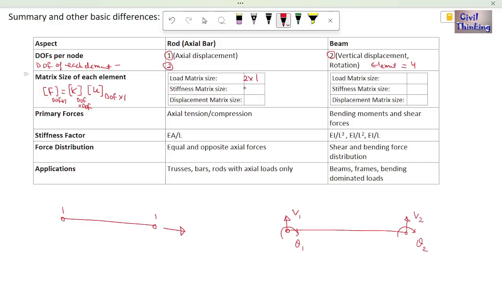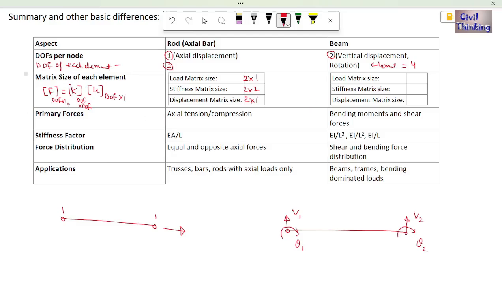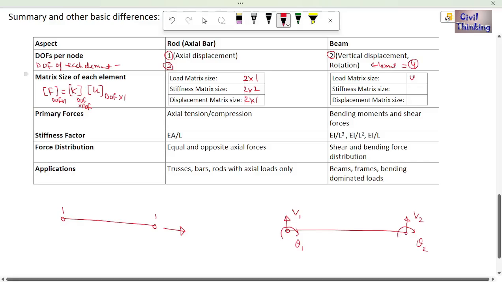It is 2, so it is going to be 2 cross 2. Now the displacement matrix, degree of freedom times 1, 2 cross 1. Now for the beam, the load matrix is again degree of freedom times 1, but the degree of freedom is 4 here, so it is going to be 4 cross 1. The stiffness matrix, degree of freedom times degree of freedom, so it is 4 cross 4.